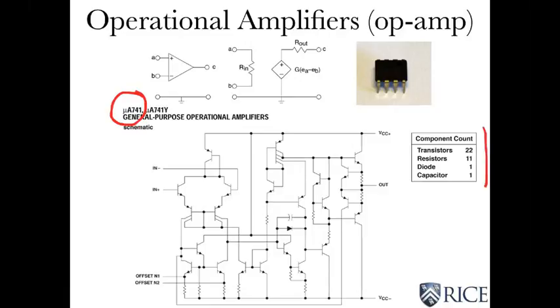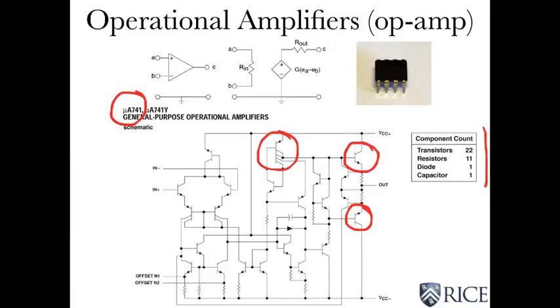It contains 22 transistors, 11 resistors, 1 diode, and 1 capacitor. So this is the symbol for a transistor. And here's another one. Here's a really odd looking one over here. 22 total transistors. And so it is a very complicated circuit inside to provide that gain.